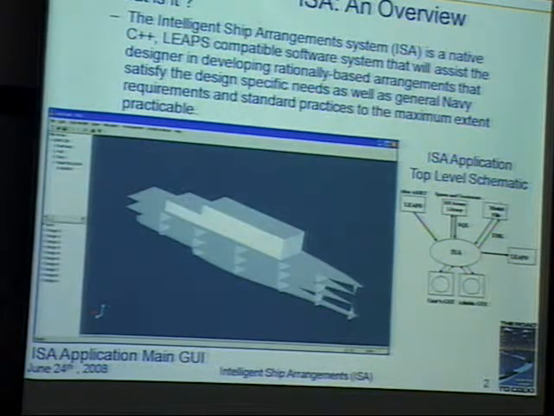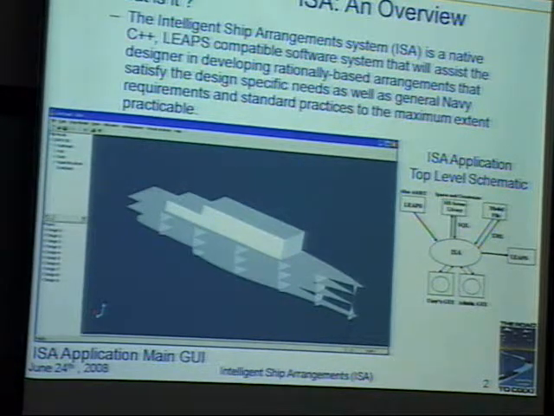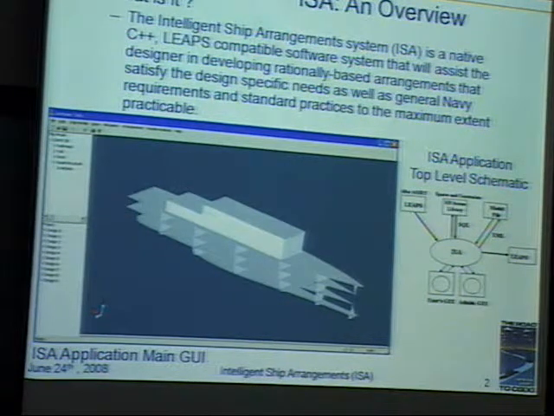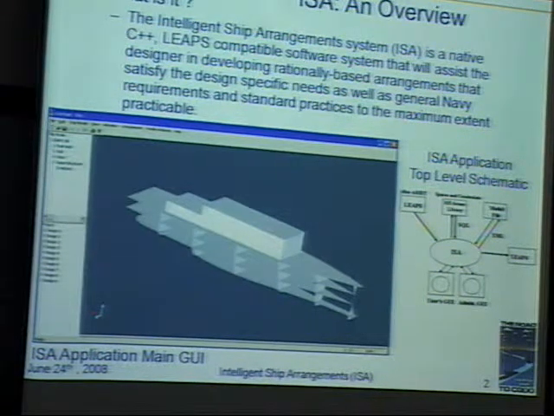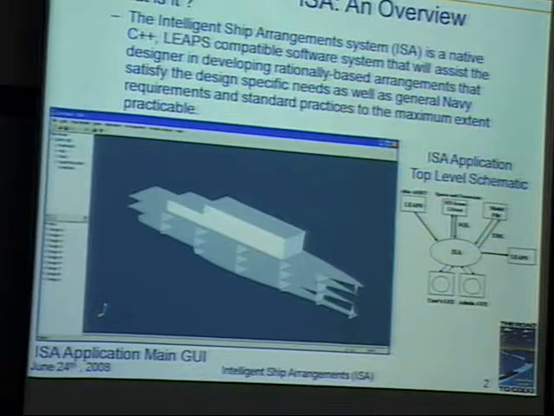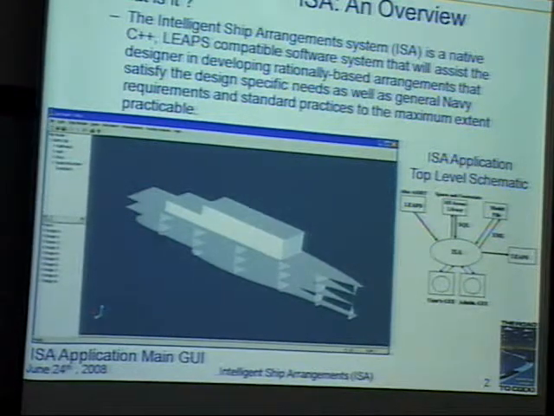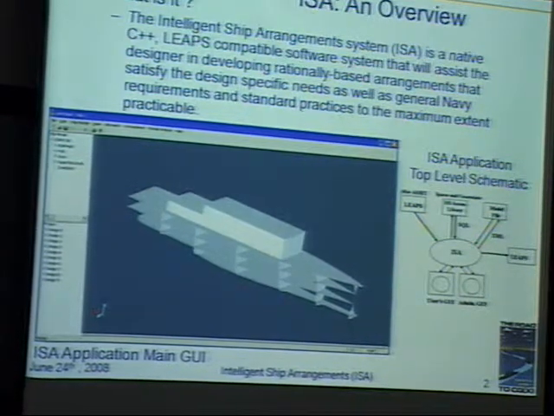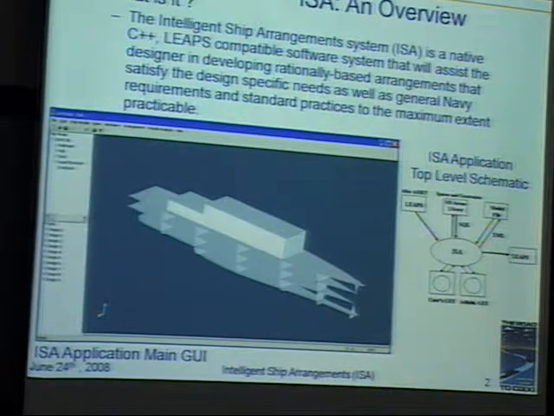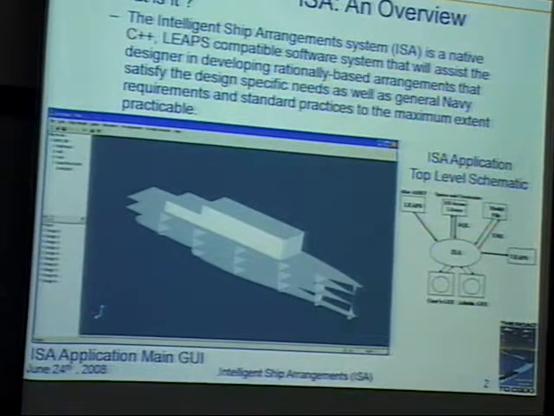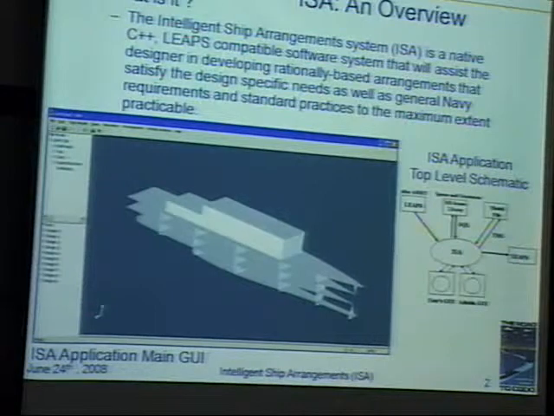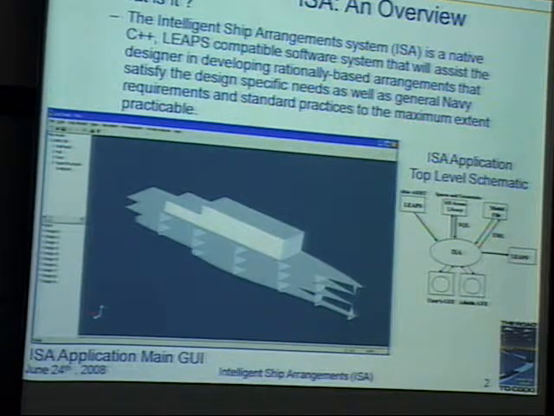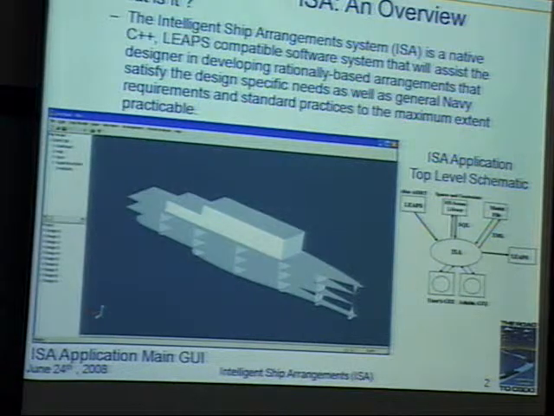The U.S. Navy already has a database system or product life cycle management system, and our job is to make a module to plug into the Navy's PLM system, especially for the initial ship design arrangement.